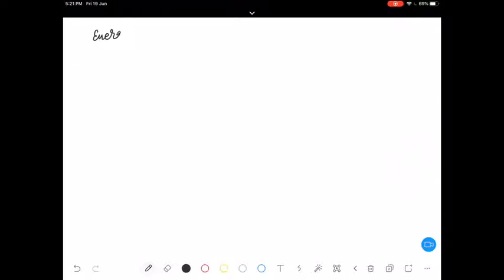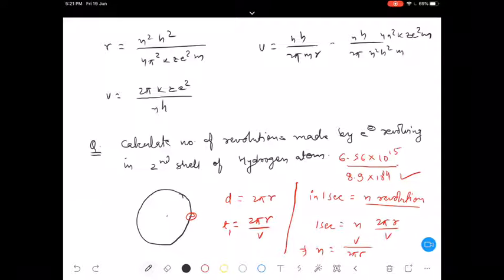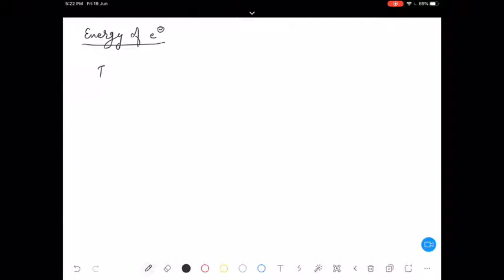Okay, so let's talk about the energy of the electron in a nutshell. I write total mechanical energy.